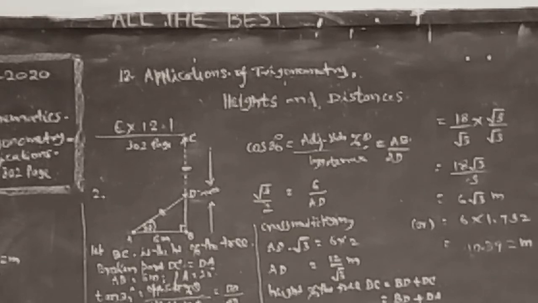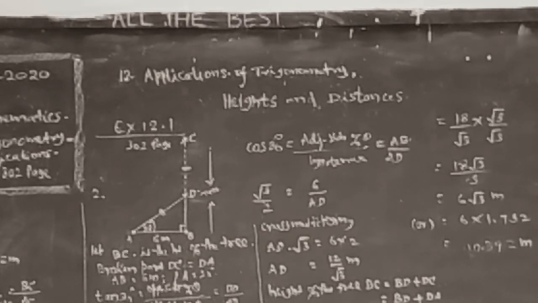Then sin 30 degrees is equal to opposite side of theta by hypotenuse. So opposite side is BC, hypotenuse is AC. Sin 30 degrees, we did in the previous exercises, we learned already, sin 30 is 1 by 2. You should know all values.